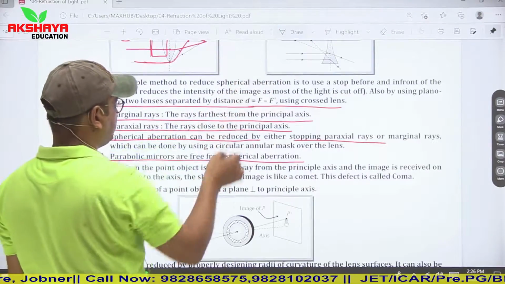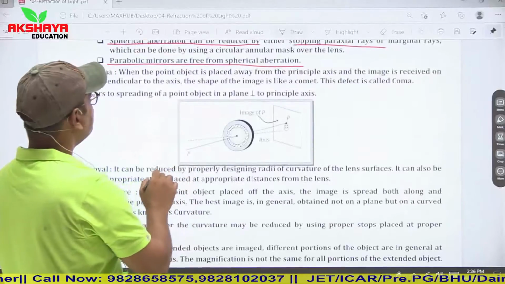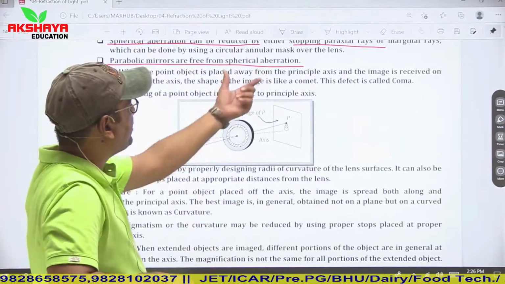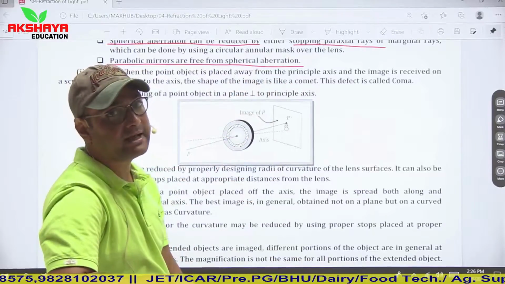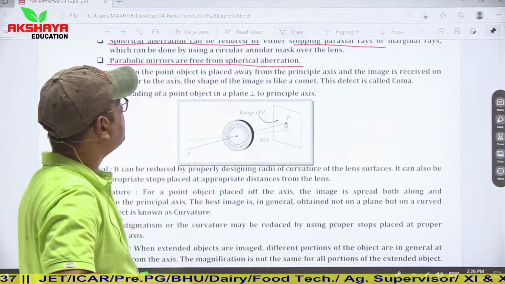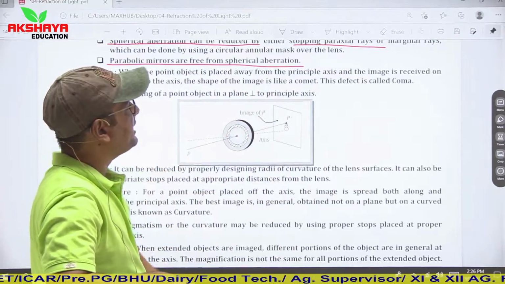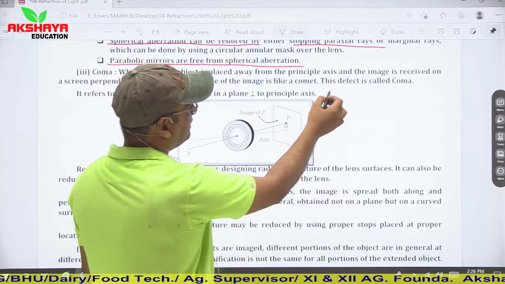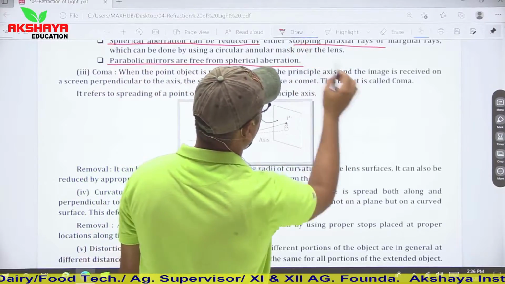So these are some defects. Let us talk about coma. When the point object is placed away from the principal axis and the image is received on a screen perpendicular to the axis, the shape of image is like a comet. This defect is called coma.